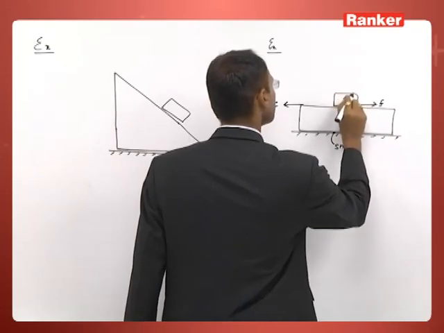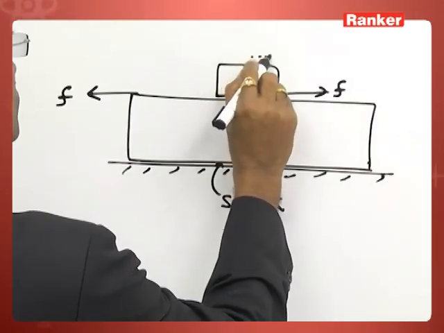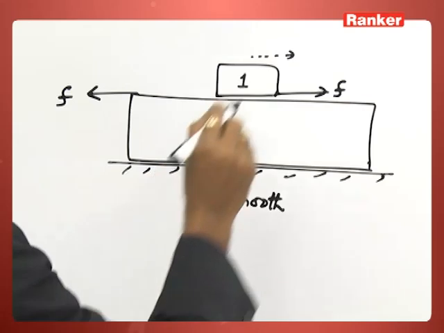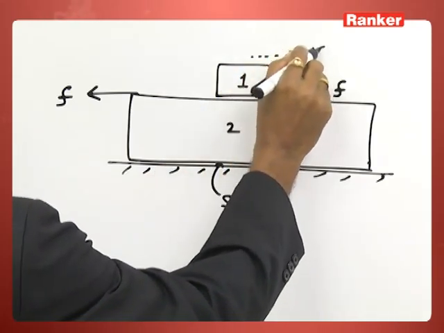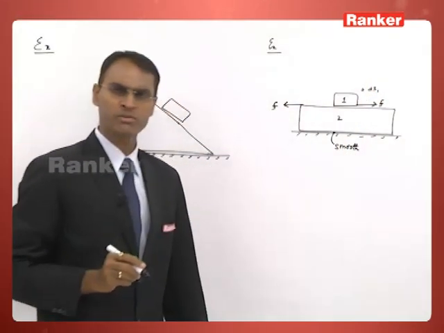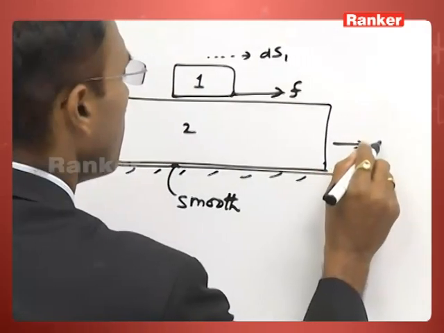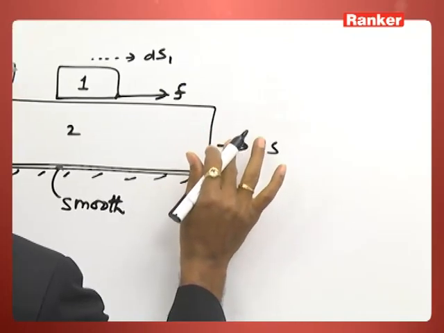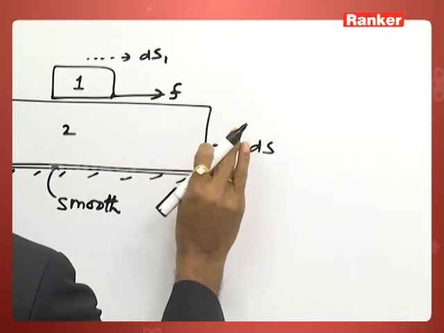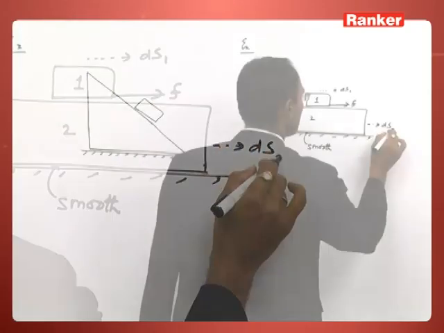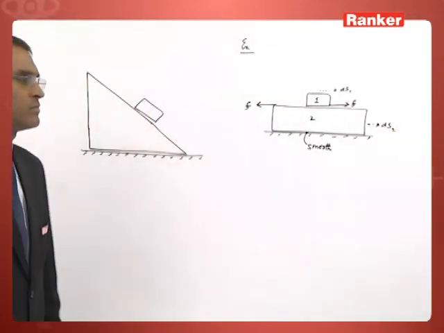Let us assume that block 1 has displacement ds1 and block 2 has displacement ds2.